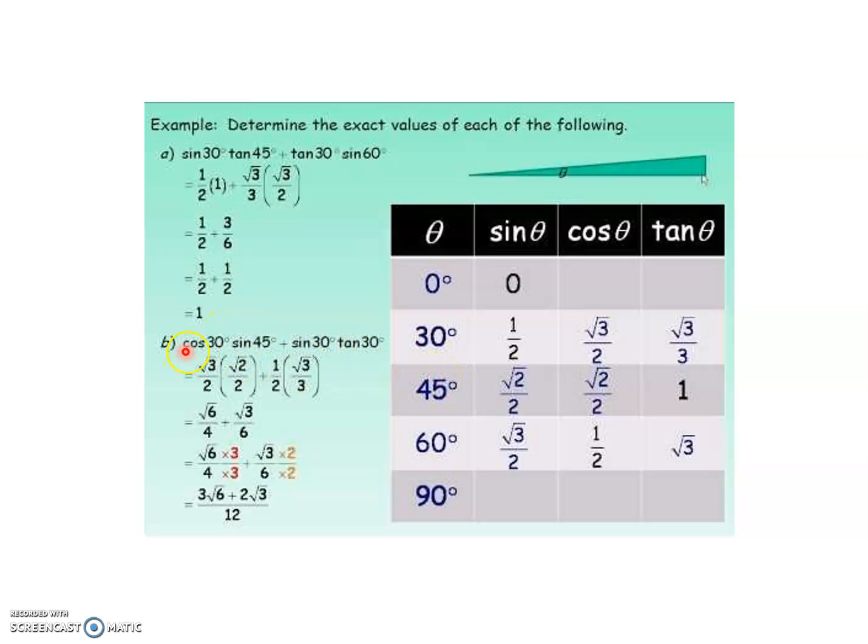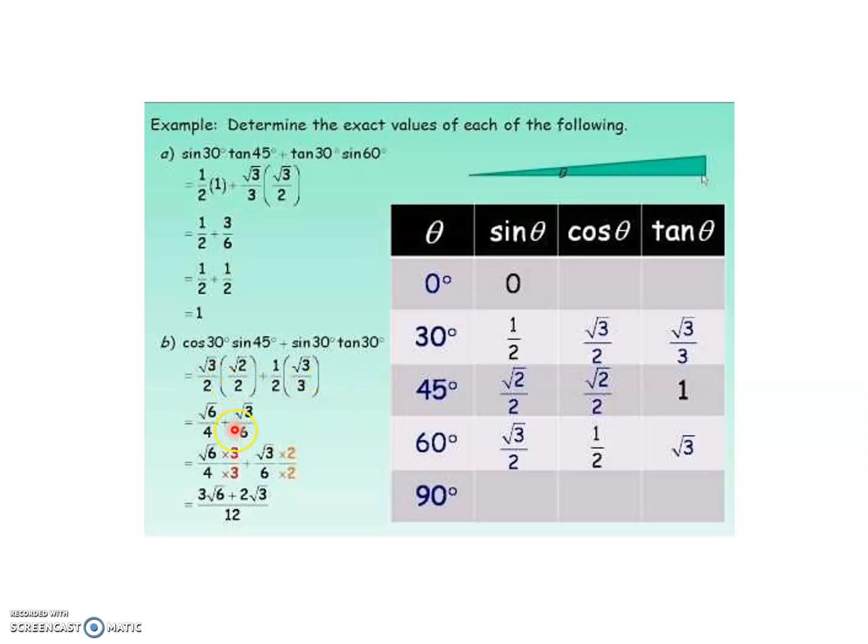Next, sin 30 cos 45 plus cos 30 tan 45. Cos 30 is root 3 upon 2, sin 45 is root 2 upon 2, sin 30 is 1 upon 2, tan 30 is root 3 upon 3.